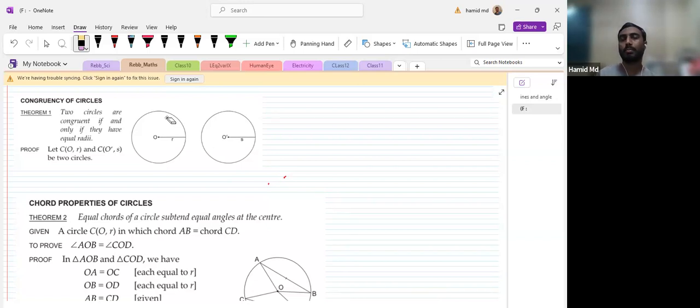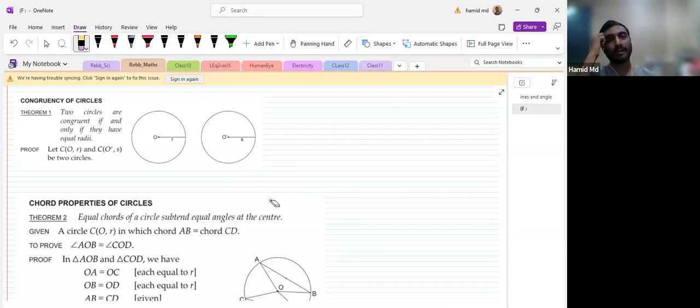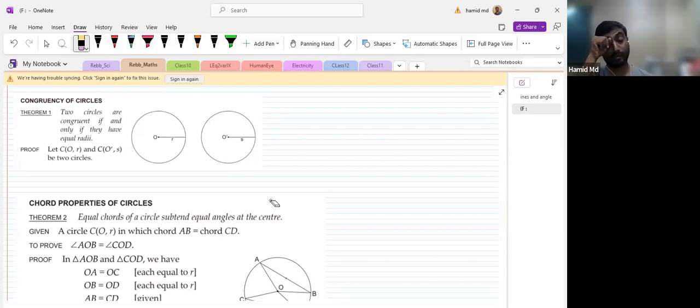The bangles example, that I already gave you. Okay, you try to find. It's like two bottles of the same size, the caps of them will have the same radii. Yes, that's it.